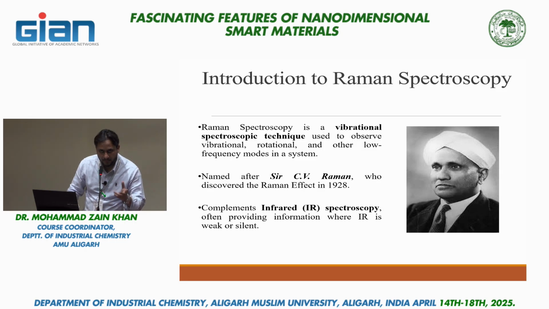As I said, it complements IR, it is quite related to IR, so it is also based on vibrational as well as rotational motions. Just like we have UV, which is an electronic transition spectroscopy, also known as electronic spectroscopy, and since electronic transition requires the highest amount of energy, we need energy of UV region, which ranges from 150 to 190, called the vacuum ultraviolet region, then from 190 to 360 or 380 UV region, then from 380 to 760 we have visible region.